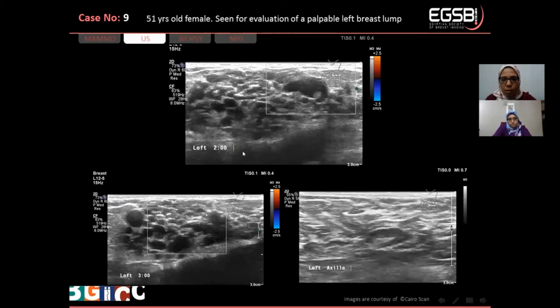As you can see, when we applied Doppler ultrasound, there was no vascularity noted related to this asymmetric tissue, neither the ducts or the cysts, peripherally, or even within these tiny solid nodules identified within the cysts. Her ipsilateral axilla showed no pathological lymph nodes.